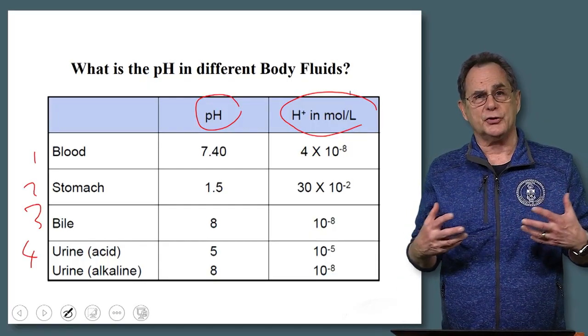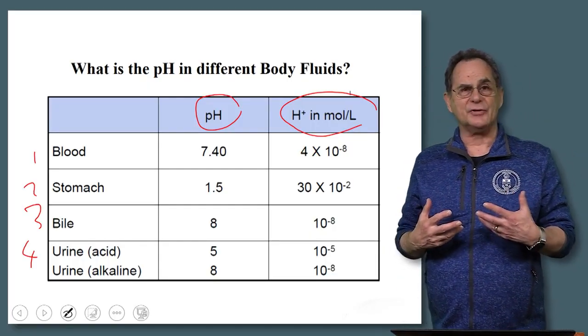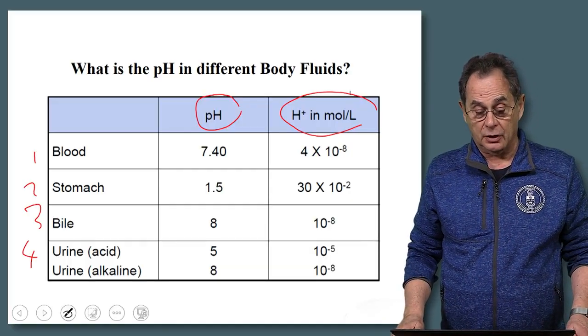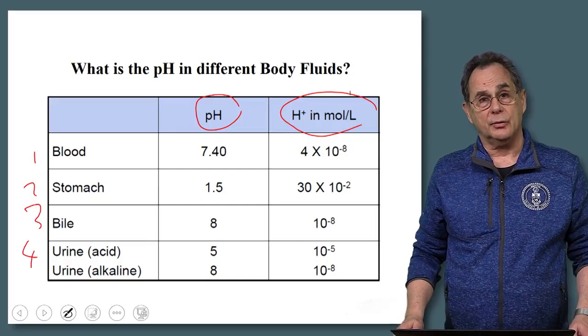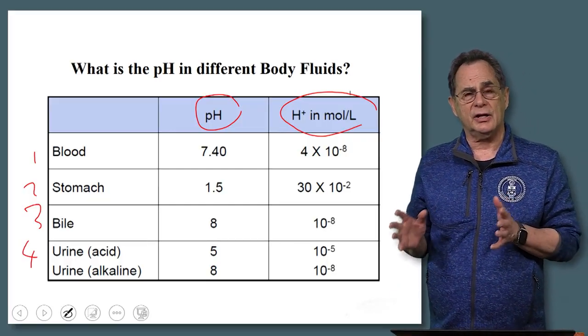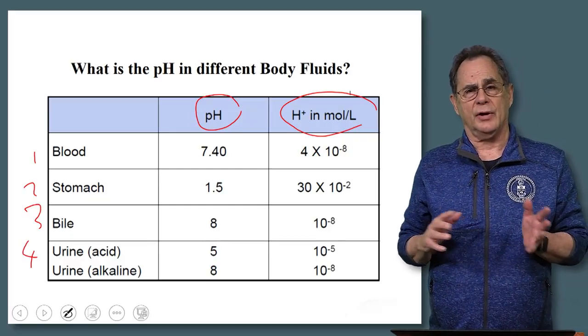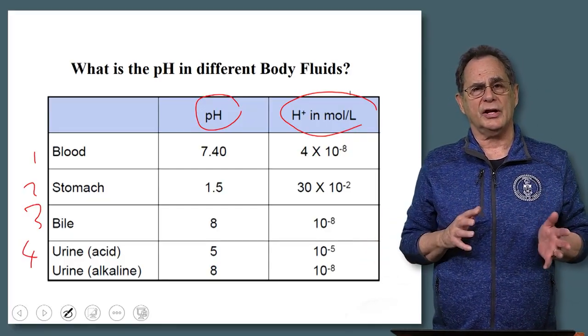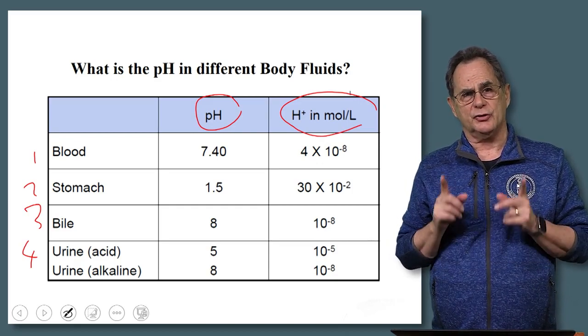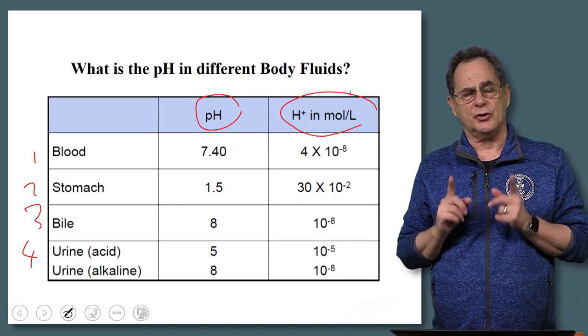The stomach, of course, is an acidic environment, stomach acid, and so the pH in stomach fluid is 1.5. Bile is alkaline, the pH is 8, and in the urine, the kidney has an ability to excrete either an alkaline or an acidic urine. By and large, the kidney's responsibility is to excrete an acid urine.